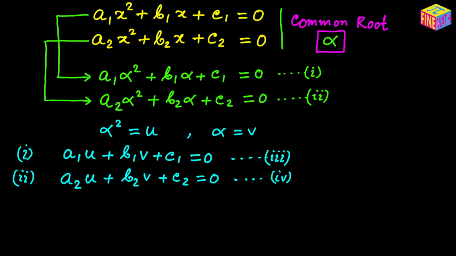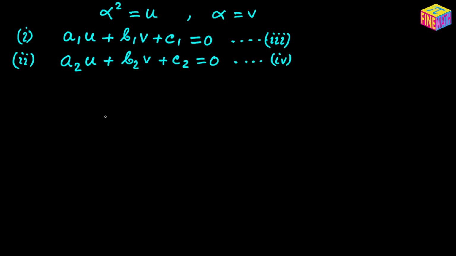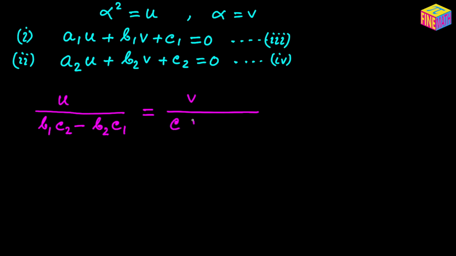So let's do that. Now we know using the cross multiplication method, we get the value of u and v like this. So it will be u divided by b c minus b c. We are going to write the subscripts 1, 2, then 2, 1. And that will be equal to v divided by c a minus c a.